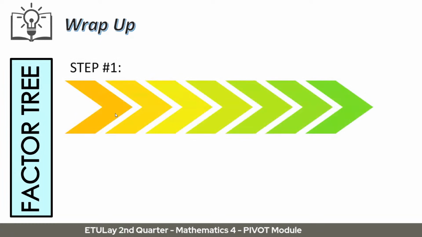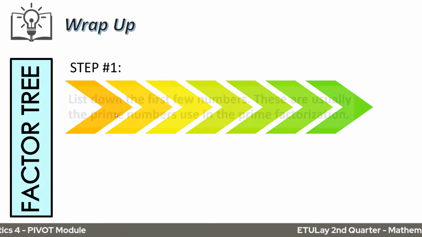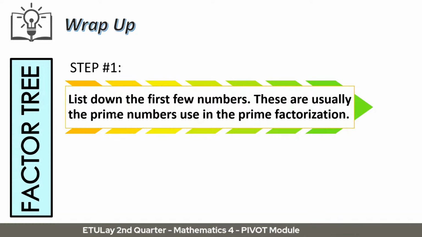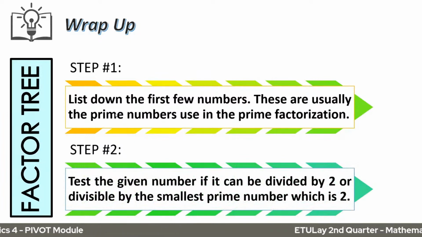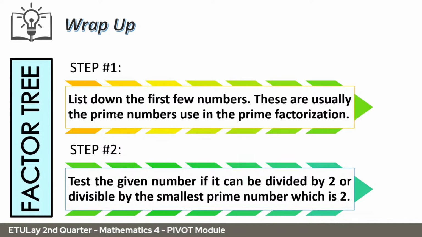To be able for us to get the prime factors of a given number using factor 3, we need to follow these steps. First, list down the first few prime numbers. These are usually the prime numbers used in the prime factorization. Another one, test the given number if it can be divided by 2, the smallest prime number. The end product of factor 3 method is to come up with the sets of numbers na prime.